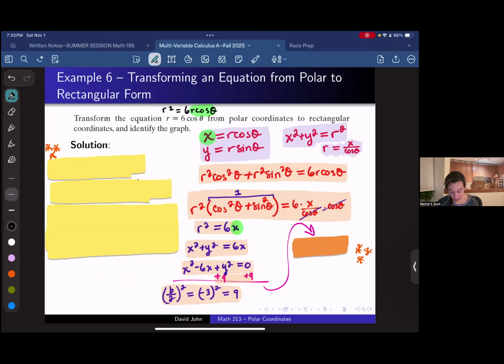So now we're looking at x minus 3 in parentheses squared is equal to, I don't know why I wrote 9 minus y squared. I should have, let me rewrite this.